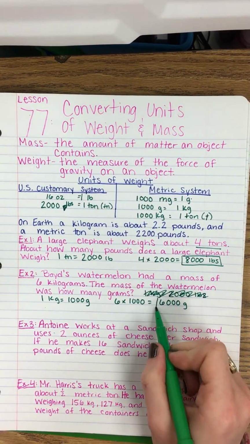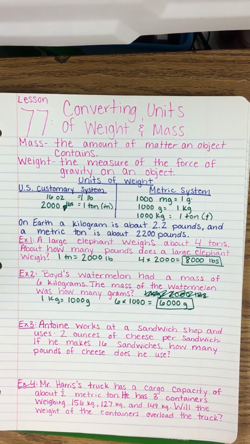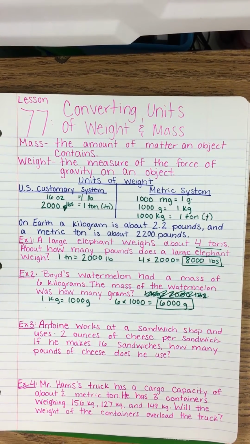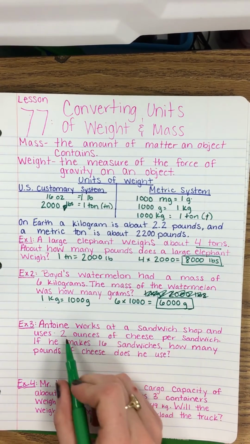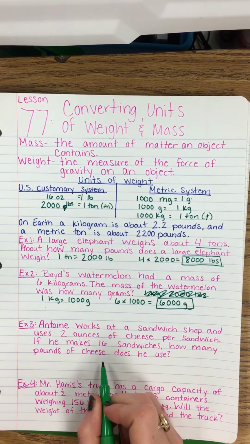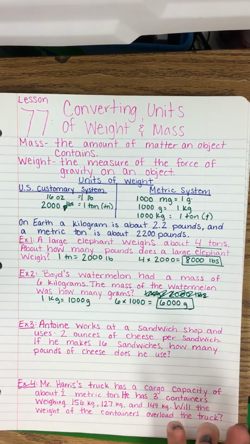Example 3. Antony works at a sandwich shop and uses 2 ounces of cheese per sandwich. If he makes 16 sandwiches, how many pounds of cheese does he use? Well, we've got to find out how many ounces he uses first. There's a couple ways you can figure out the first step.